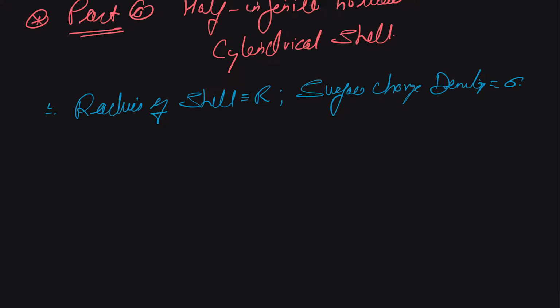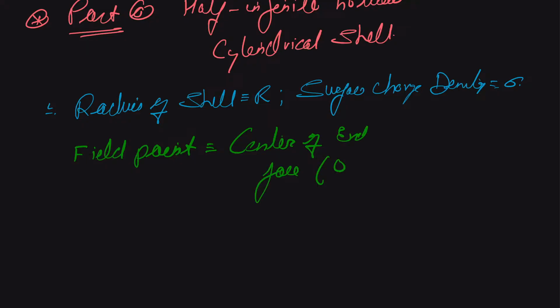Okay, end face means, because it is semi-infinite, the other end will be at infinity, so only one end will be at the origin, that is our end face. So we can say this field point will be the center of the end face, and that is nothing but our origin.